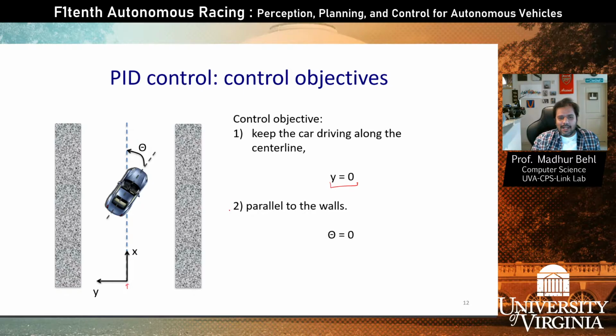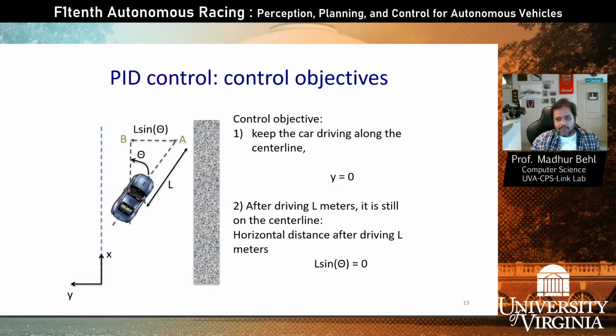And the requirement that you are parallel to the wall means that this heading offset theta or phi, I think it's theta, this theta is also 0, meaning you are parallel to the wall and along the center axis. So if you satisfy these two requirements, then you are fulfilling the control objective in this case.